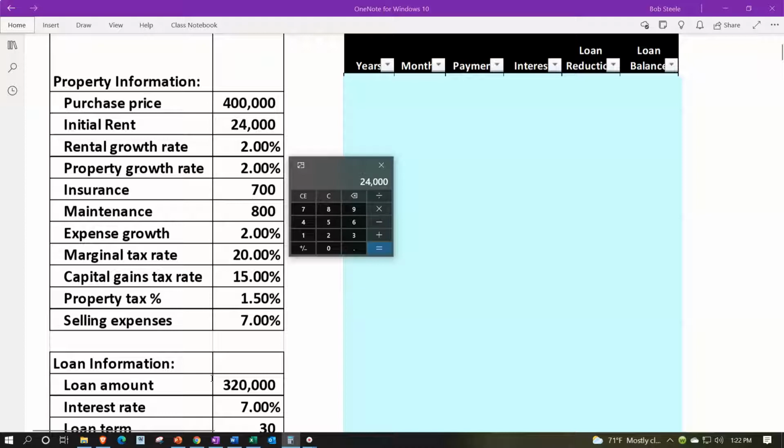Due to that leverage, if things turn out well, that could amplify our benefits. And if it turns out poorly, that could amplify the problems as well. So this rate of growth becomes quite important when you consider the leverage involved.